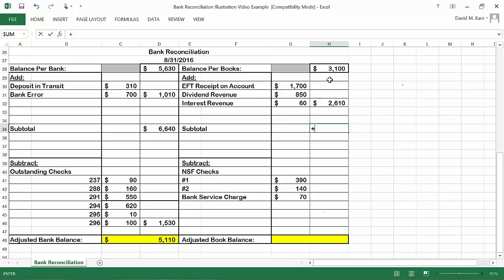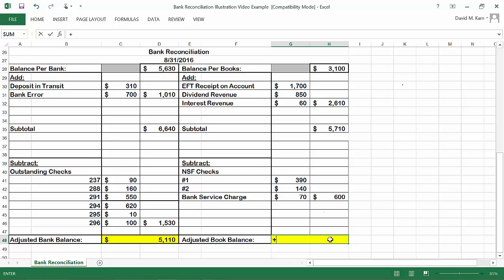We take the 3,100 plus the 2610, and our subtotal for the book side is 5710. All right, let's add up the subtractions. We have 390, we have the 140, and we have the 70 here. Okay, so we end up with 600.